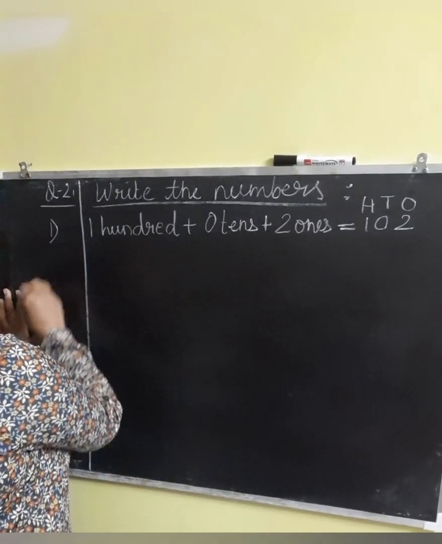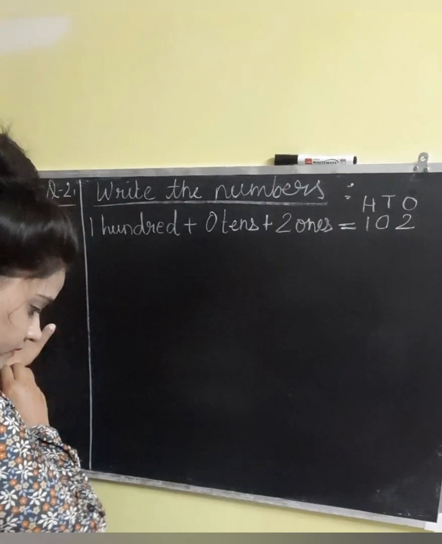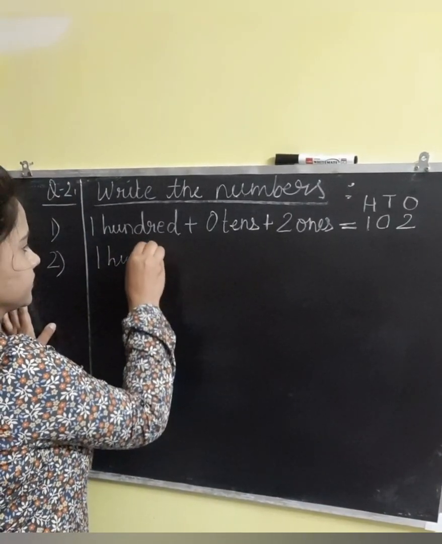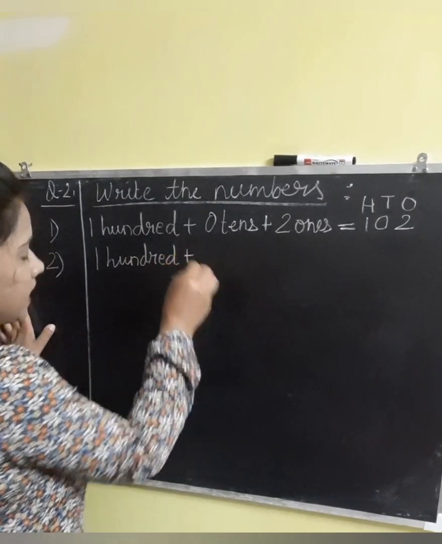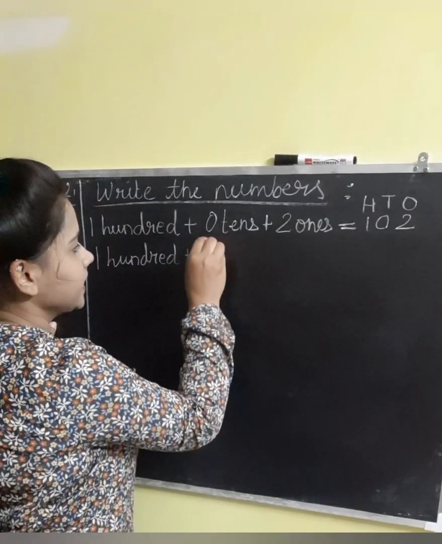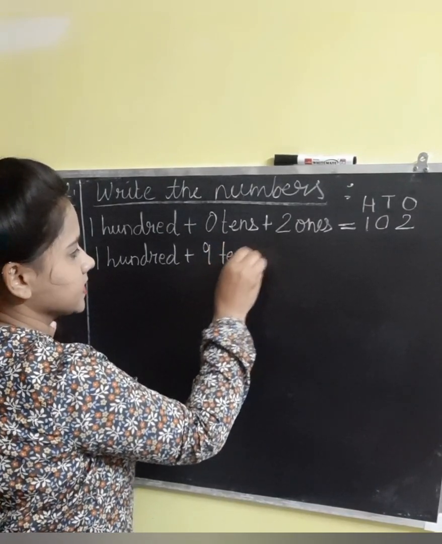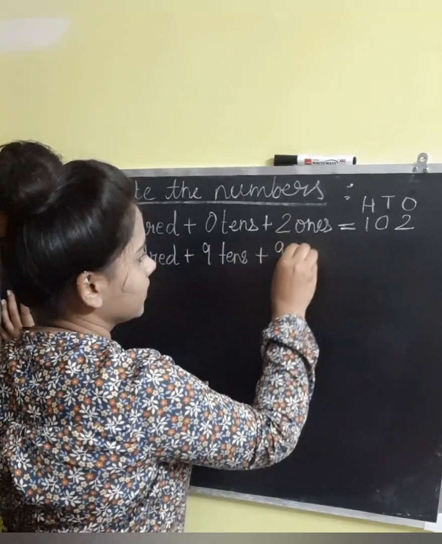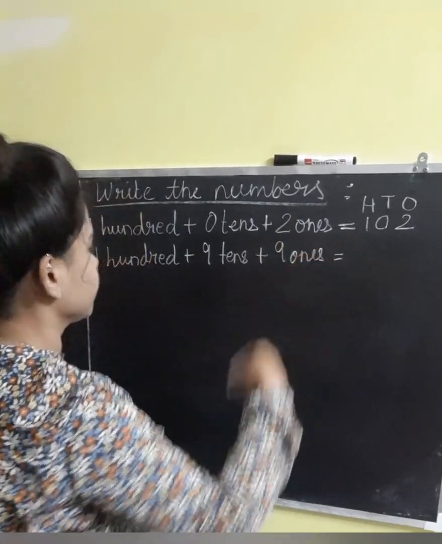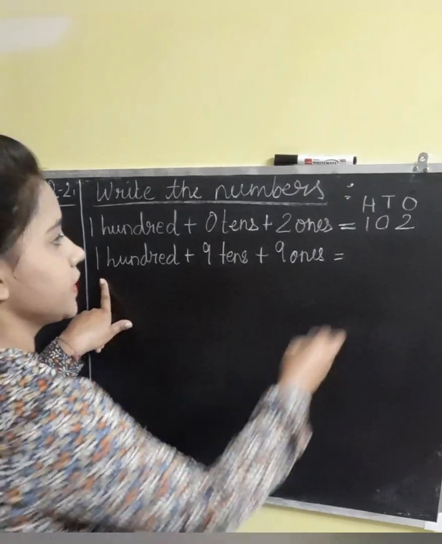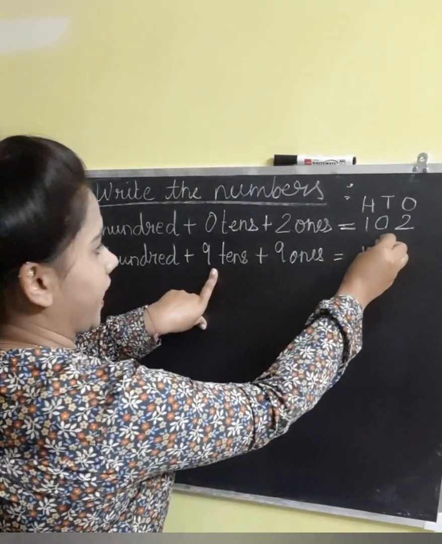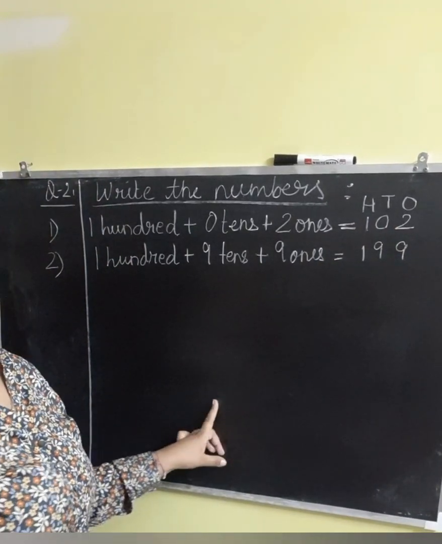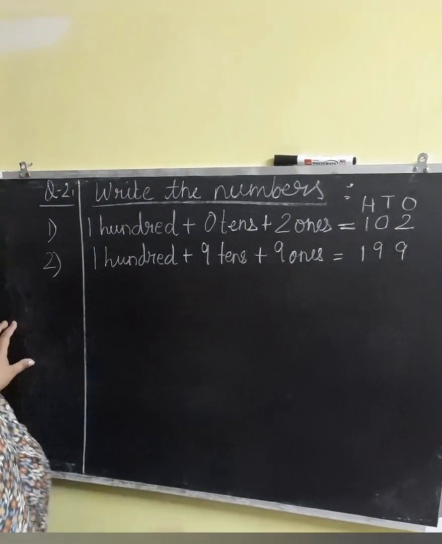Okay. Now the second one is 100 plus 9 tens plus 9 ones is equal to, yes, again at 100 we have 1, at tens we have 9, at ones we have again 9. So 199 is the answer.